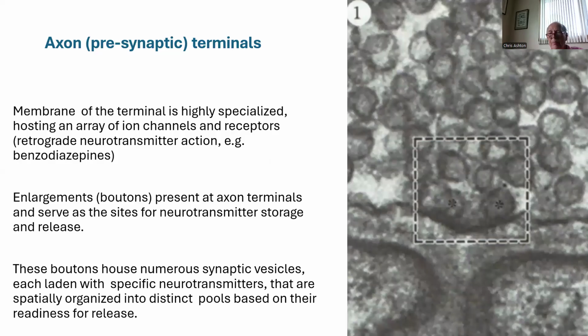And so here's an electron micrograph. The square is surrounding a part of a presynaptic terminal. And within that square, you can see round circles.